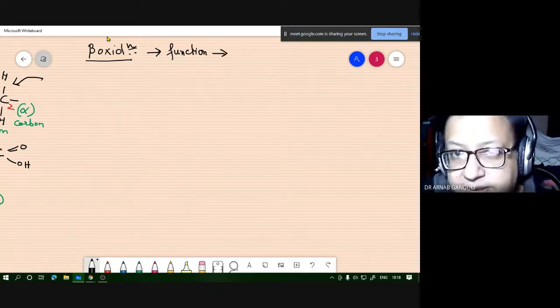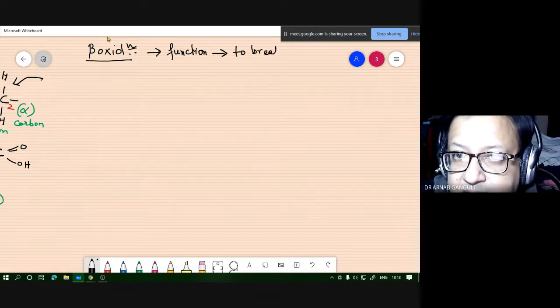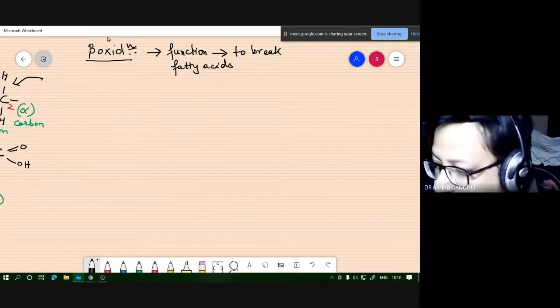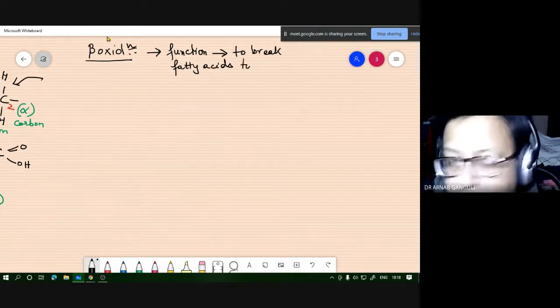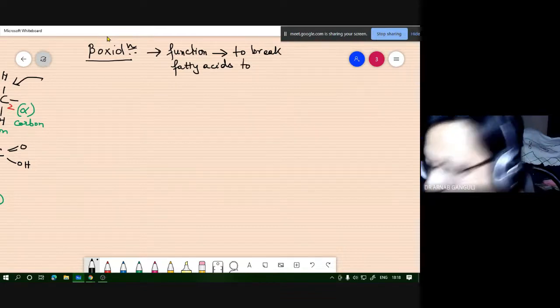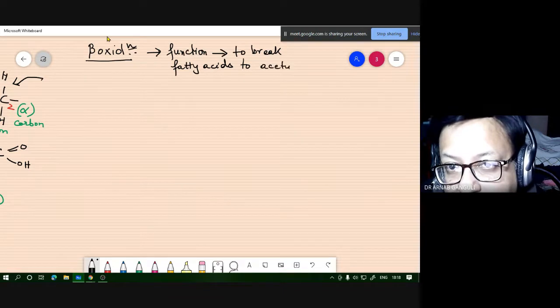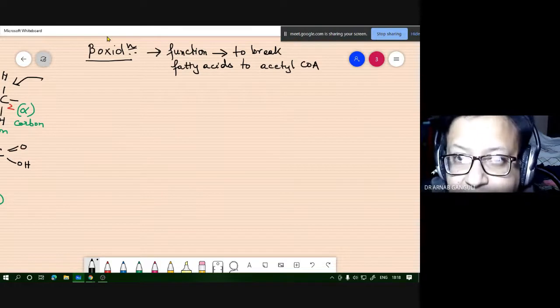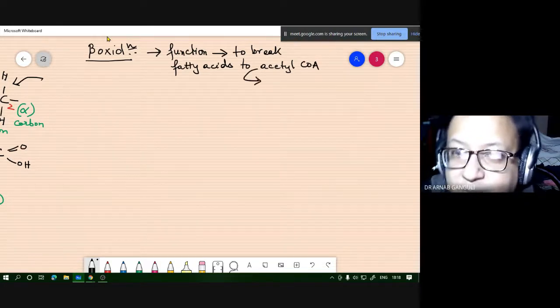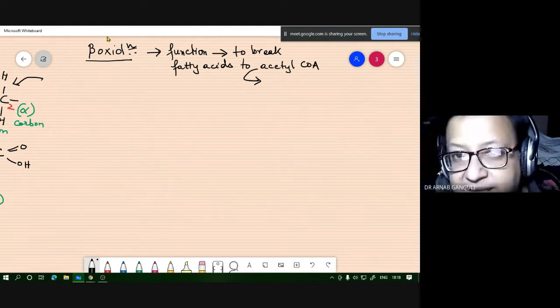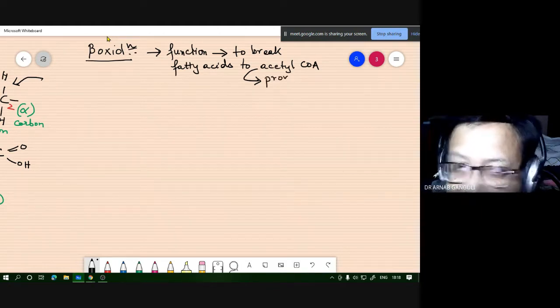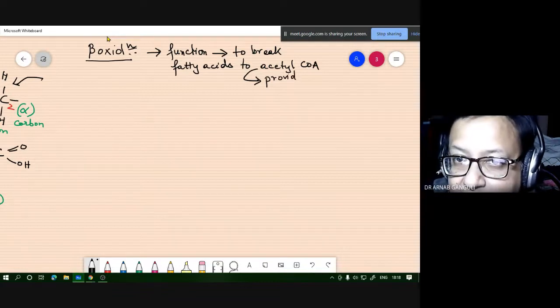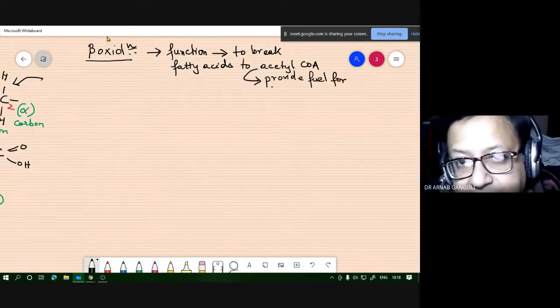The function is to break fatty acids to acetyl coenzyme A, and this acetyl coenzyme A, as you know, it enters into the Krebs cycle, and it will provide fuel for Krebs cycle or TCA cycle.